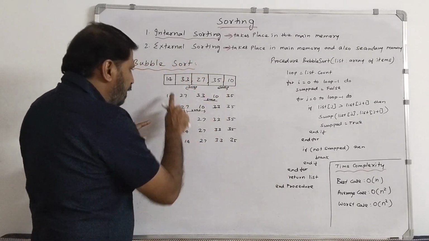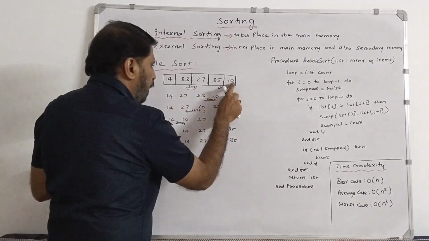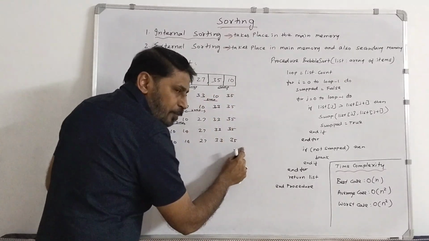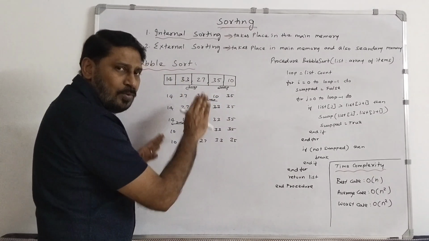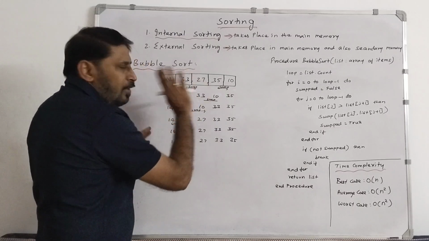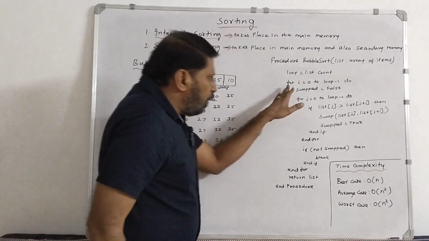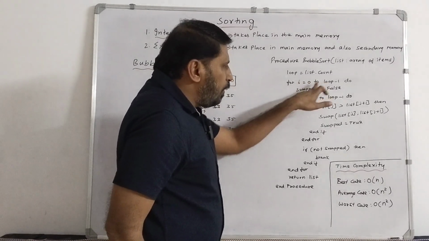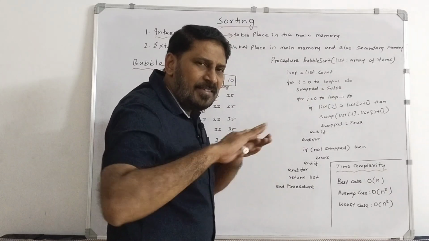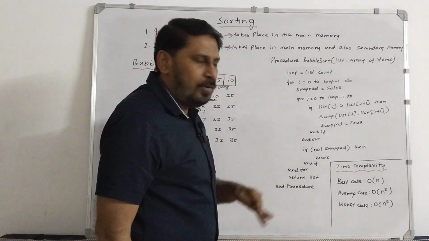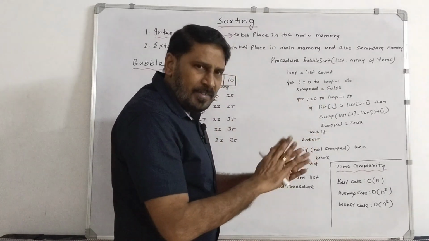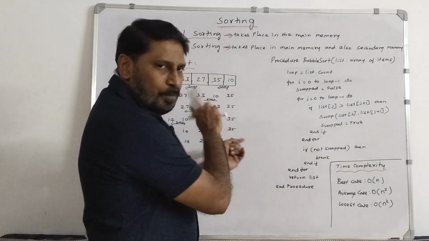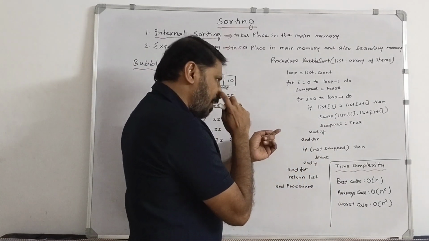How many iterations? 1 2 3 4 5. Five times we have to do this. So the outer I loop means how many iterations we are going to do, and the inner for loop is the actual comparison of the numbers with one another.